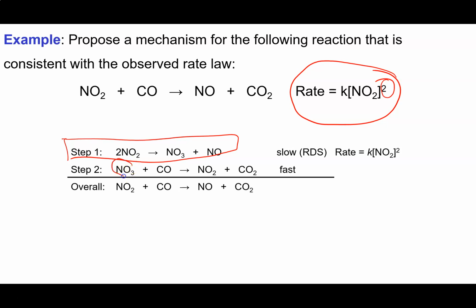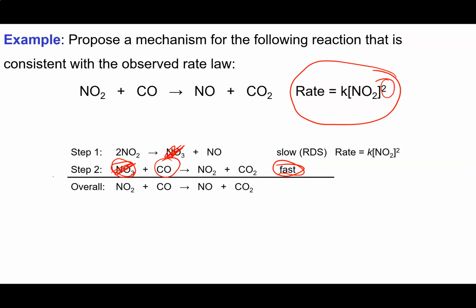Well, the NO3, the molecule that gained an oxygen, collides with a CO, and the extra oxygen gets transferred over to the CO to make CO2. Okay, and we're going to say that that step is fast. And so when I add all of this together, the NO3 we recognize is an intermediate, and it actually works pretty good.